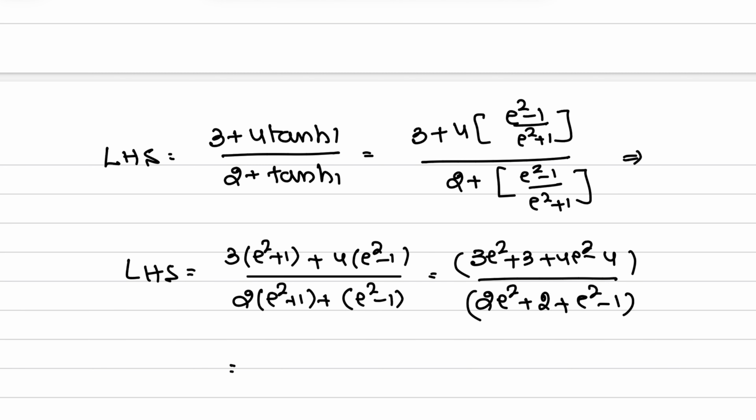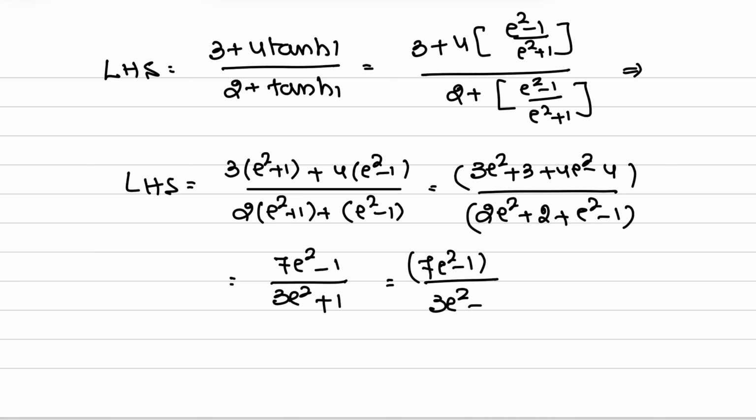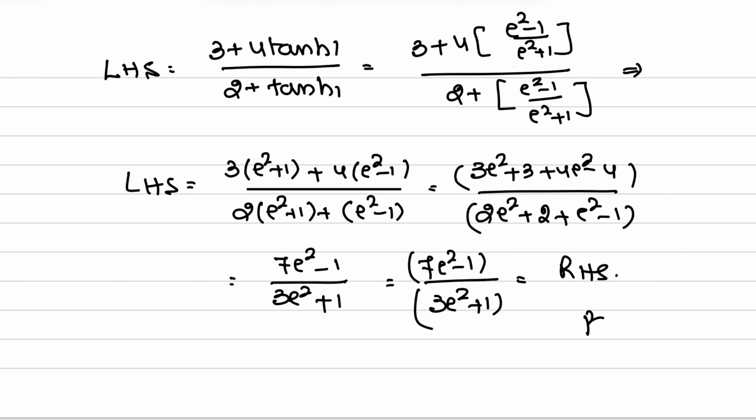Then left hand side is left with 3e square plus 4e square is 7e square, 3 minus 4 is minus 1, whole divided by 2e square plus e square is 3e square, 2 minus 1 is plus 1. That is 7e square minus 1 divided by 3e square plus 1. This is equal to right hand side. Hence it is proved. Hence the theorem is proved.